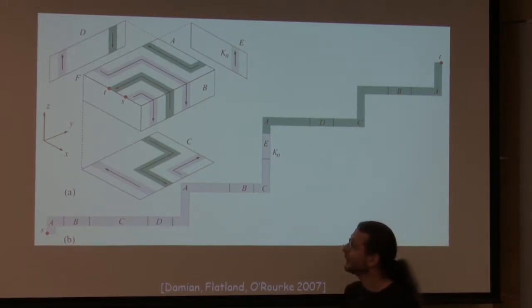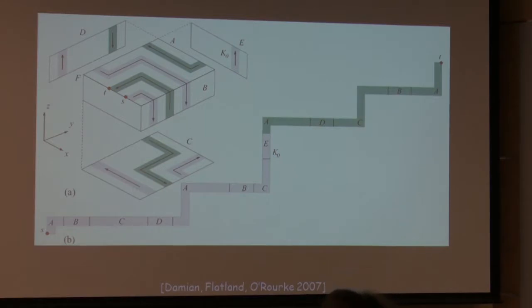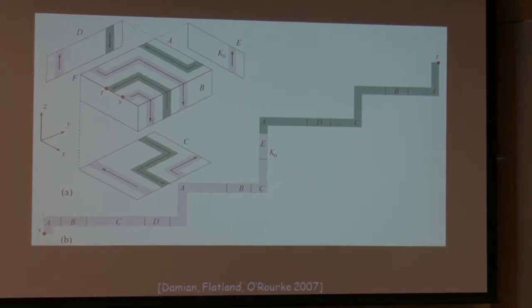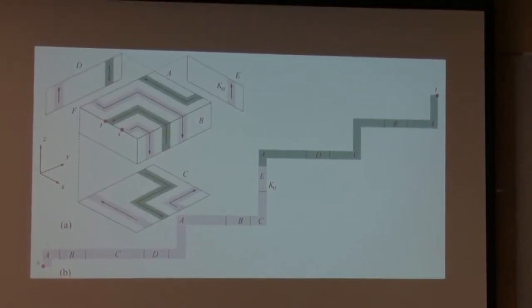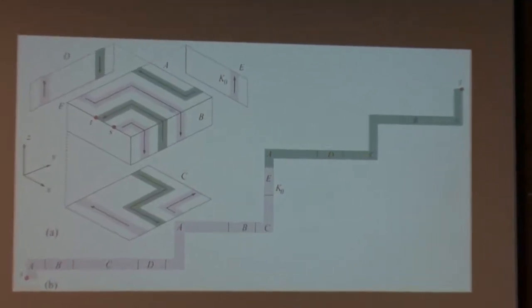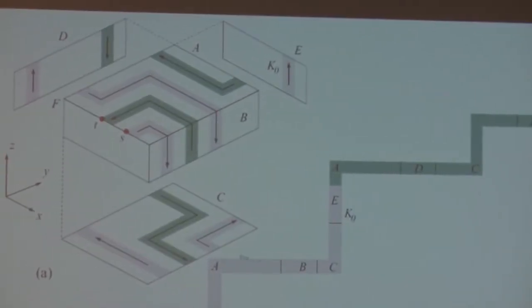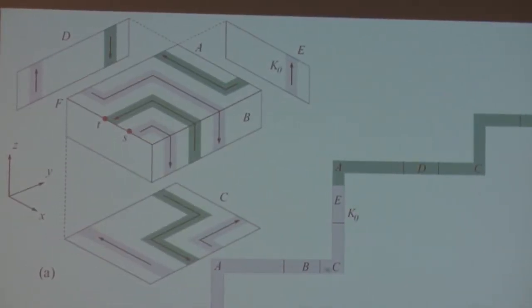So maybe I'll point with this thing. Yeah. So I start at S, I go up, I turn right. Now I better turn left. I go down over here, up there, I turn left. Then I turn right. So if you follow along here, I just turn right here.